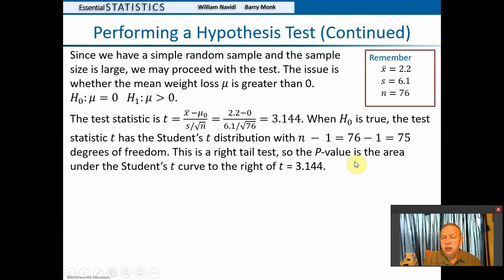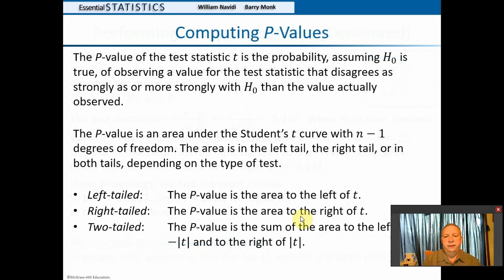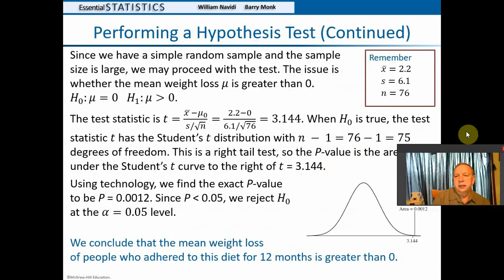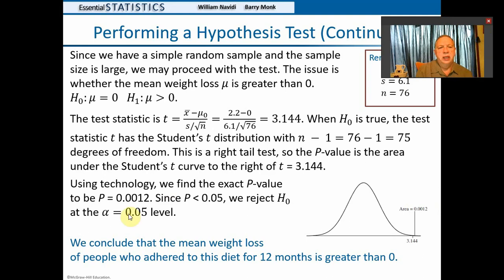With the p-value method, we find the area under the student's t-curve to the right of 3.144. Here's our picture. If we went to our TI-84, it will give it to us.